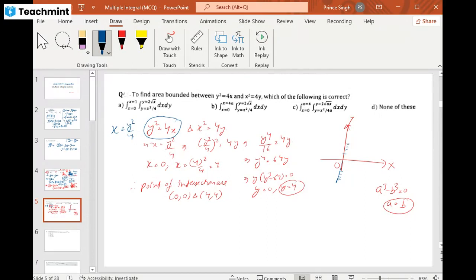So x is positive in this direction. It means the shape of the curve is like a right hand parabola.